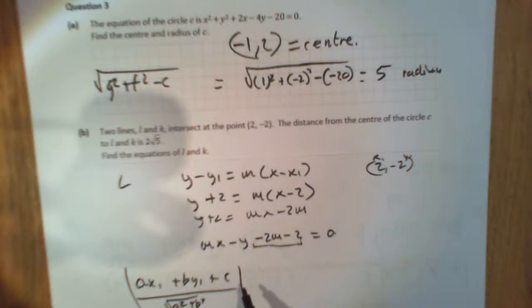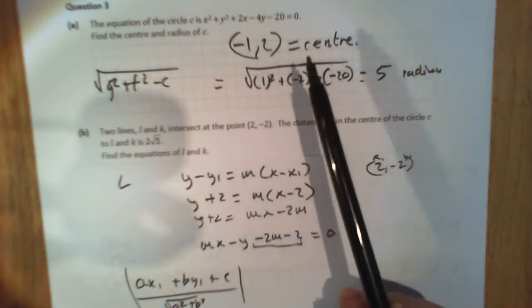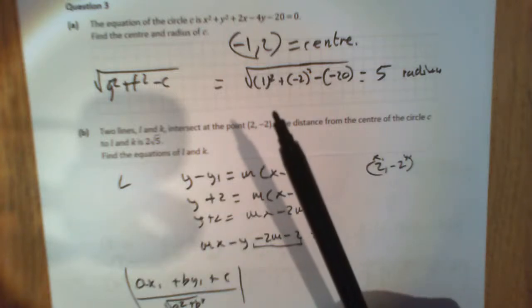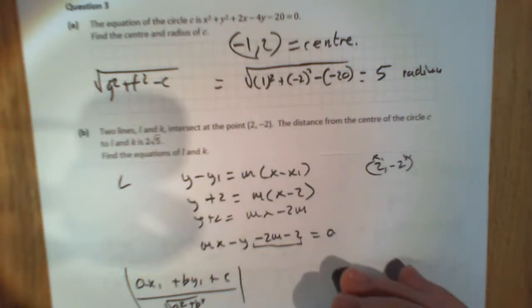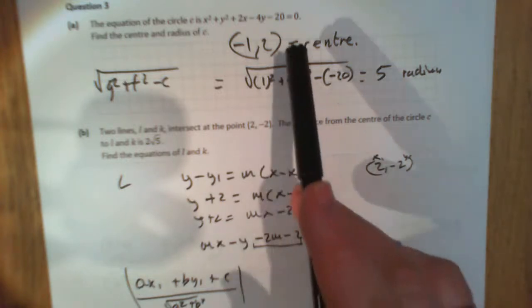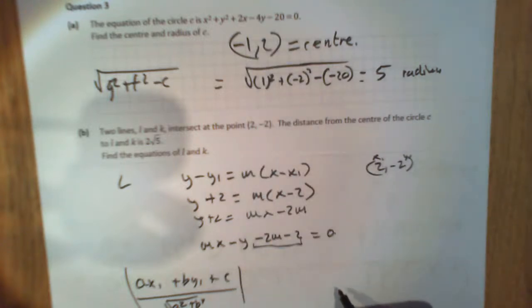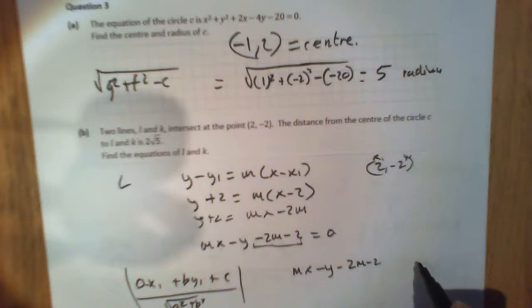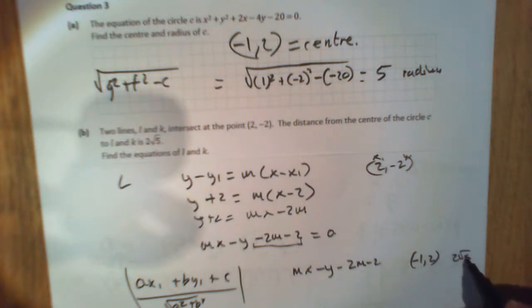Okay, so let's try and think here now. We have the distance from the center of the circle to it is 2 root 5. So let's make 2 root 5 equal to that. And we have the external point, so we have all the information we need. We have our equation, mx minus y minus 2m minus 2, and we have an external point, which is going to be minus 1 and 2, and we have a distance, which is 2 root 5.